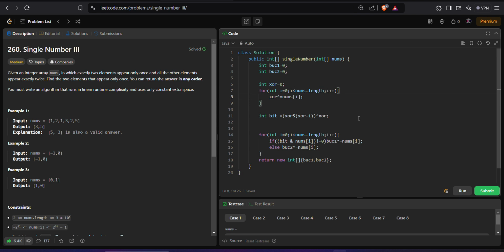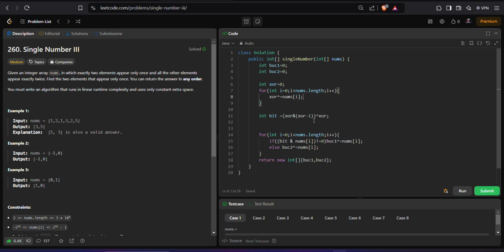You would have come across in previous questions that XORing n and n minus 1 would clear the rightmost bit that is on. And now if we XOR it with our original XOR number, we would simply get that particular bit which is different in both the single numbers.